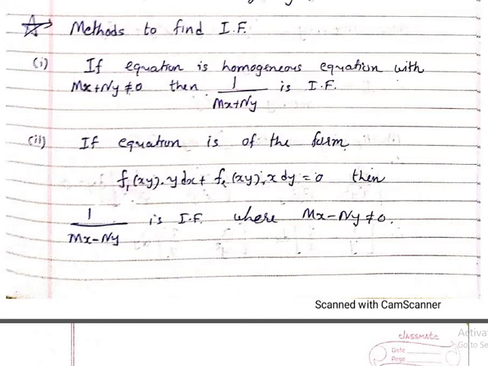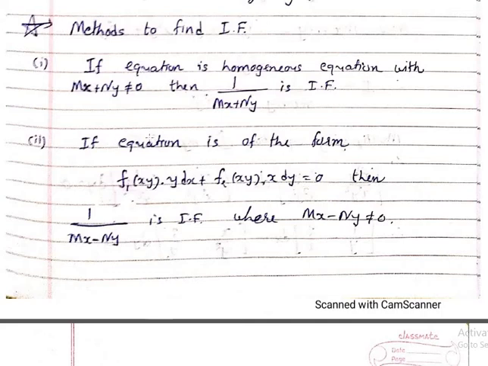If this term is not equal to 0, that means M into x plus N into y is non-zero, then 1 upon (Mx plus Ny) is the integrating factor. We are going to multiply the original equation with this integrating factor.